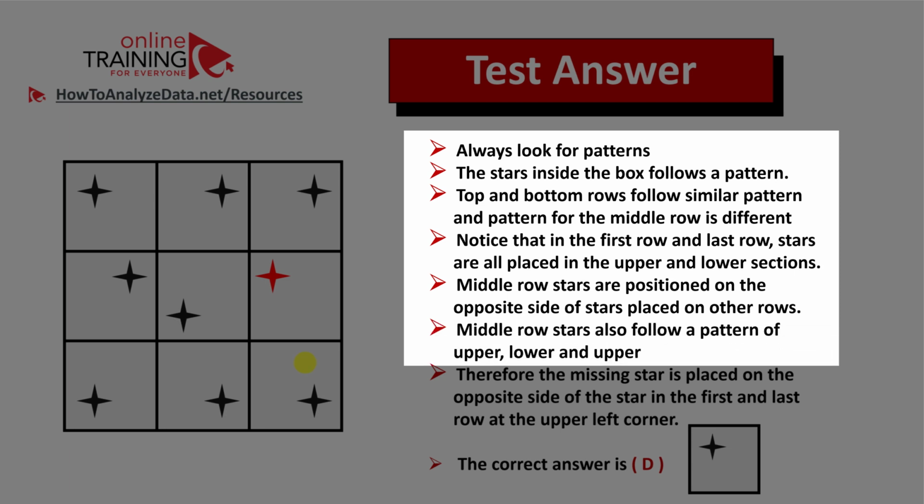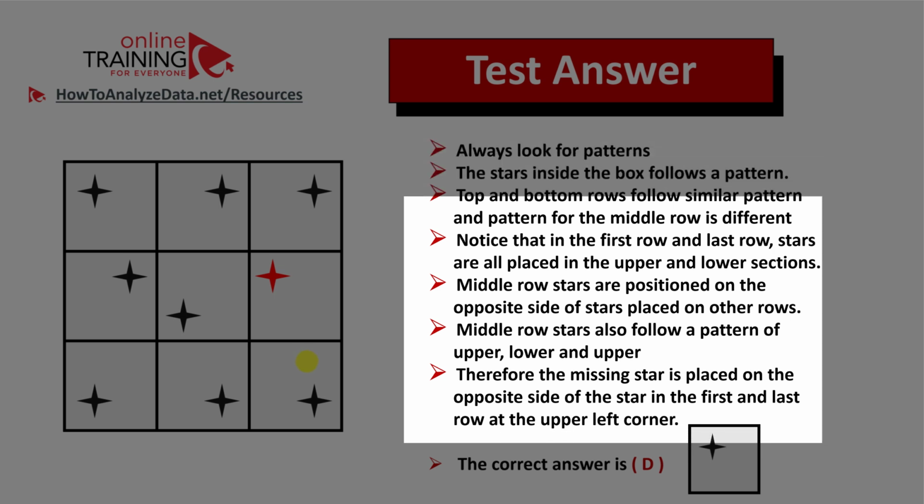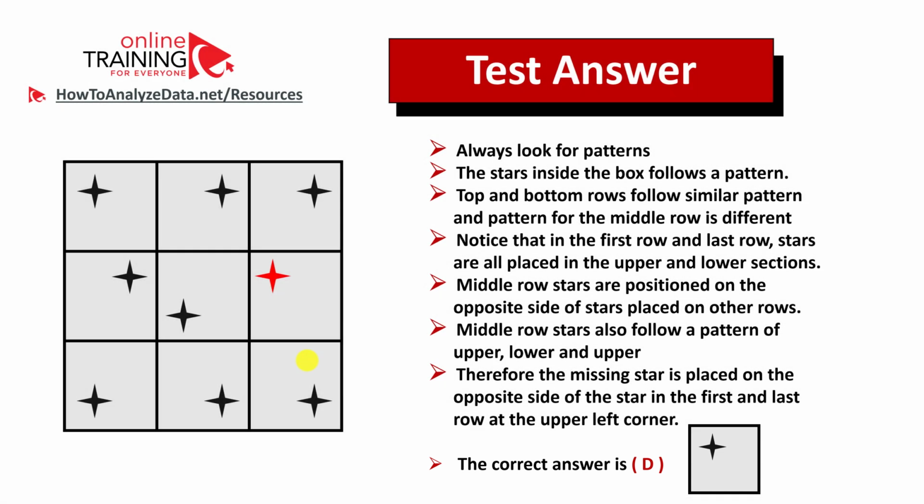Middle row stars also follow a pattern of upper, lower, and then upper. Therefore, the missing star is placed on the opposite side of the star in the first and last row, at the upper left corner. So the correct choice here is choice D. Hopefully you've nailed this question, and in case you didn't, you know how to answer similar problems on the test.